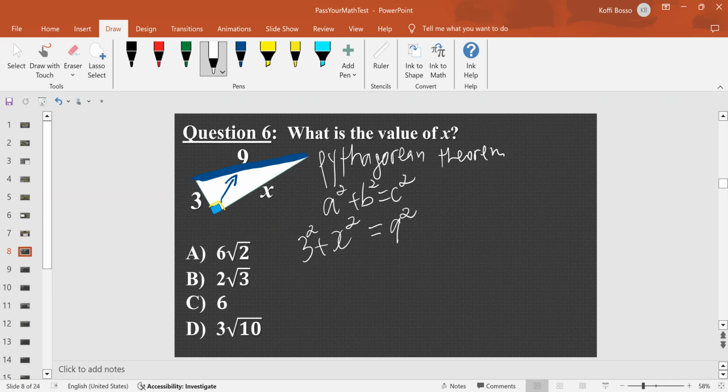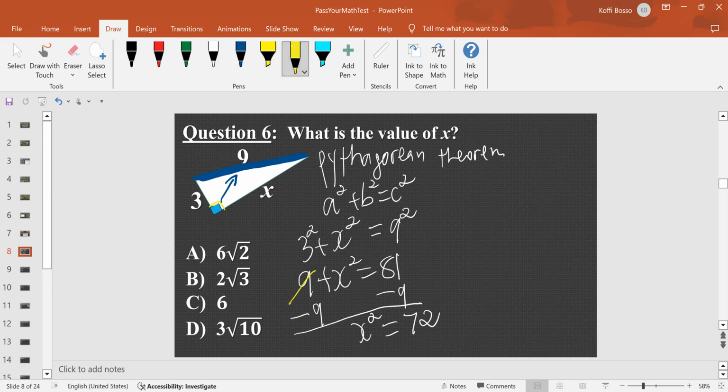Now, 3 squared is 9, so 9 plus x squared is equal to 81. 9 squared is 9 multiplied by 9. Therefore, to solve for x, I will subtract 9 from both sides. Okay, so I'm going to have x squared is equal to 72. Understand that this 9 and this -9 will cancel out.